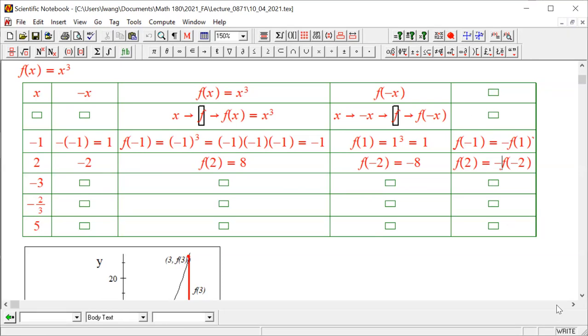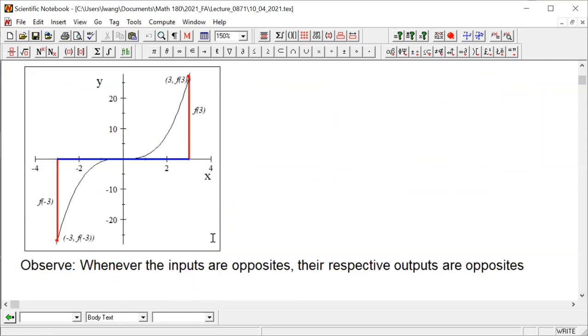So what does it mean if we put a negative sign in front of it in the graph? If this is the input 3, the output is 27. What's the opposite of 27? This piece, the opposite of it is going to be the yellow.